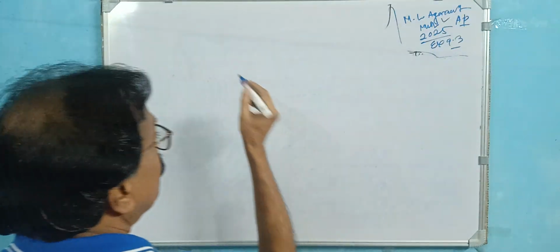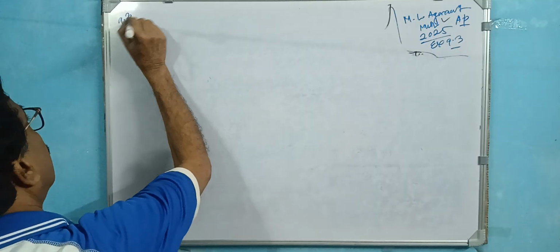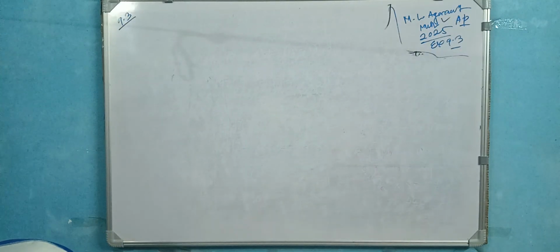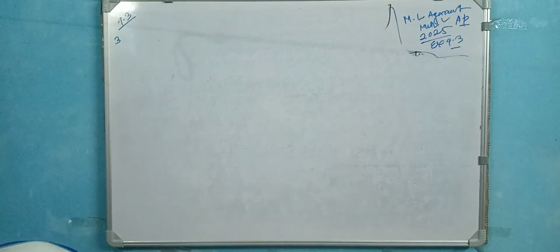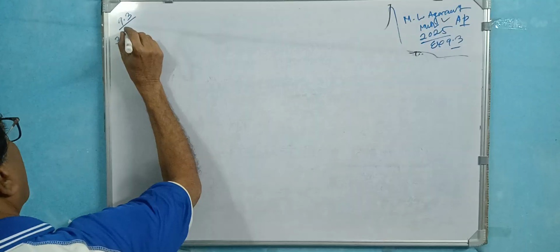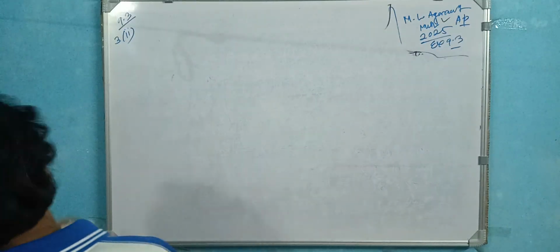Now this is also exercise 9.3, sum number 2. What is this? a is 7.